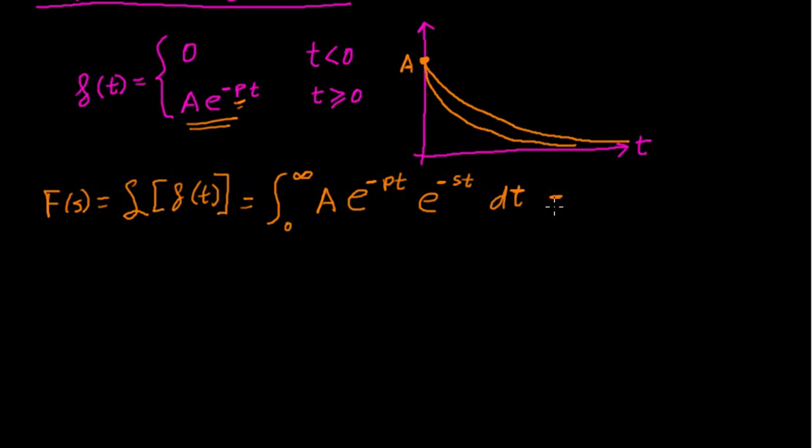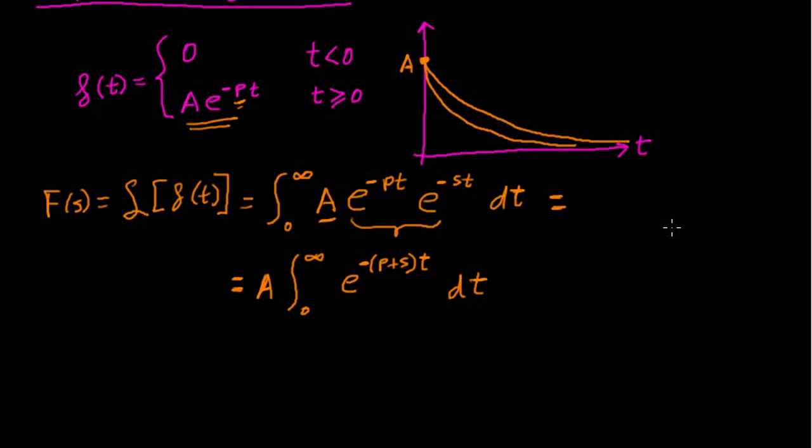And now we have to remember our knowledge on integrals, on integral calculus. We have first of all to take a out of the integral. Here it is, a times the integral from 0 to infinity, and we can write this product as e to the minus p plus s, all that multiplied by t, dt.